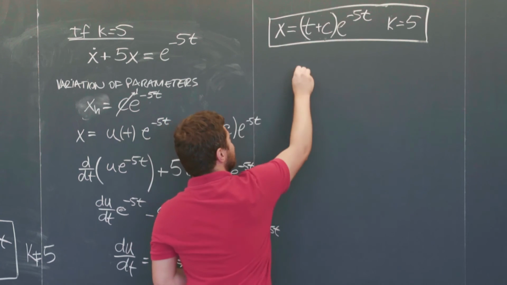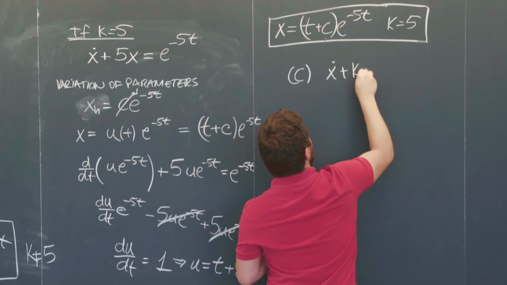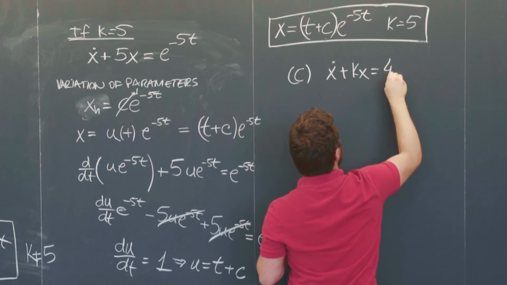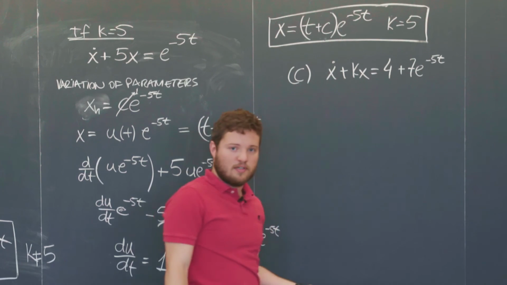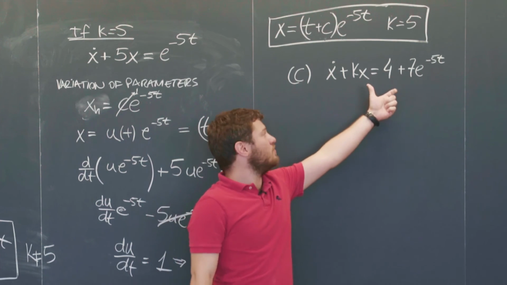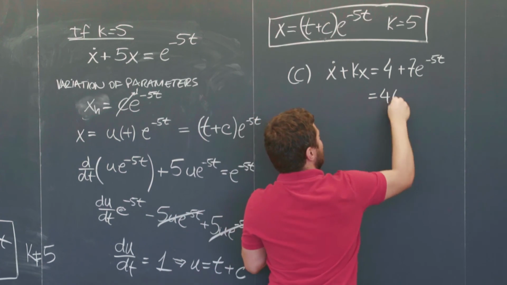Now, in part C, we're asked to solve x dot plus kx is equal to 4 plus 7 e to the minus 5t. We need to note that the right-hand side is a superposition of the first problems that we solved.